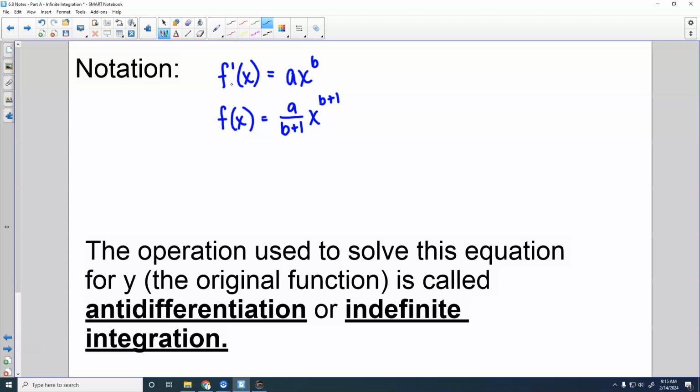Another way that we used to denote a derivative was dy dx. Okay, so let's say that we've got dy dx equals ax to the b power.